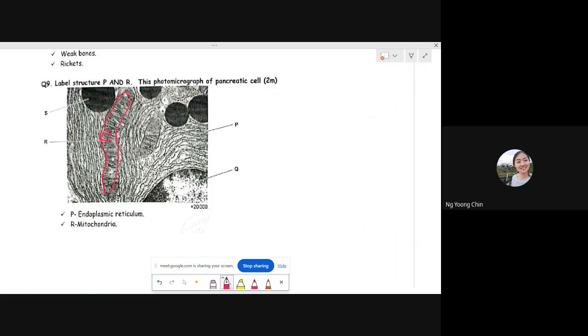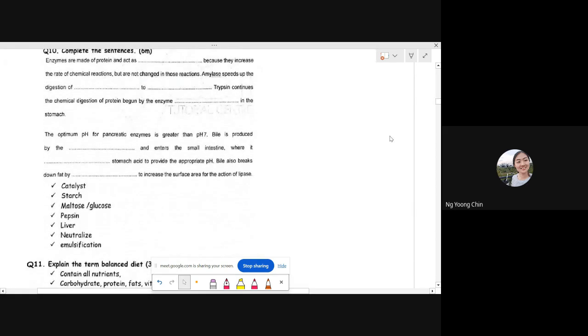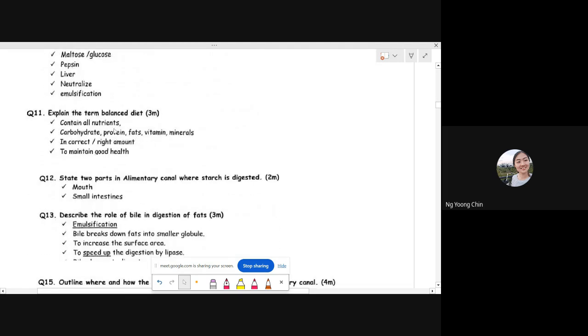And then this is the nucleus. The nucleus is here. And the endoplasmic reticulum is around here. Okay, so this is for you to have a look.